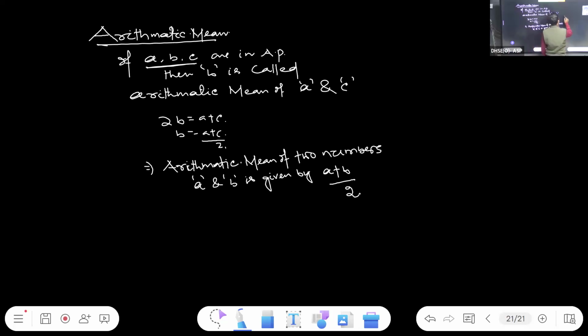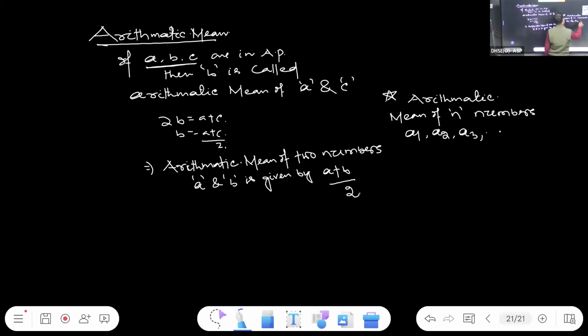Second point, arithmetic mean of n numbers A1, A2, A3 up to An is given by A1 plus A2 plus A3 plus up to An upon n.